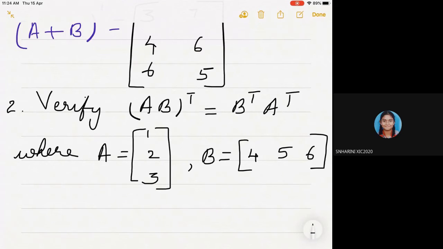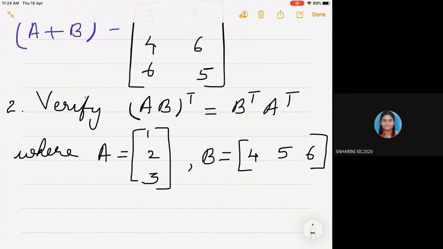Now here verification of this property or this identity is by using a particular example. How to verify an identity. You have to find out LHS as well as RHS by using the example and show that LHS equal to RHS.